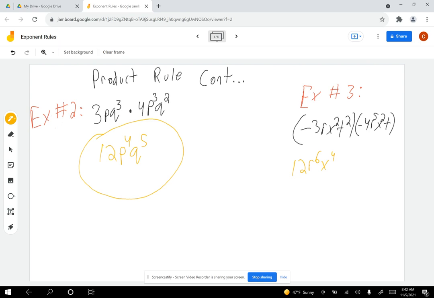And T to the second times T to the 1 should give me T to the third. Now notice, I cannot combine unlike terms. If my bases are not the same, I cannot add their exponents. So notice I cannot combine or simplify any further from this point. And that's essentially product rule. Multiply my coefficients and add the exponents of the same bases. And that is the product rule.